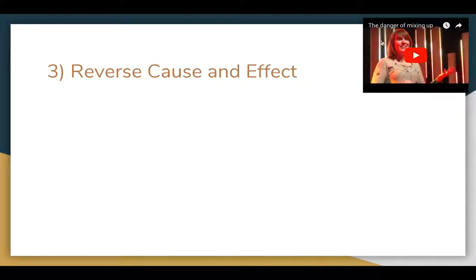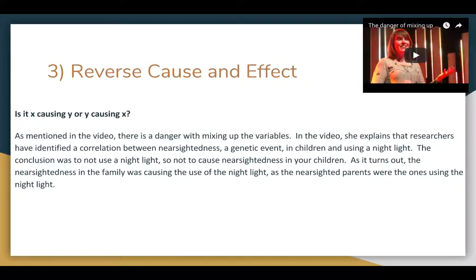A reverse cause and effect is covered in a great video talking about, again, ice cream and drownings, but also some more serious implications of cause and effect. The question is: is X causing Y or Y causing X? In the video, they talk about nearsightedness and using a nightlight being thought to cause nearsightedness.